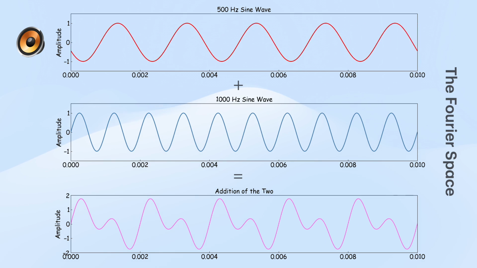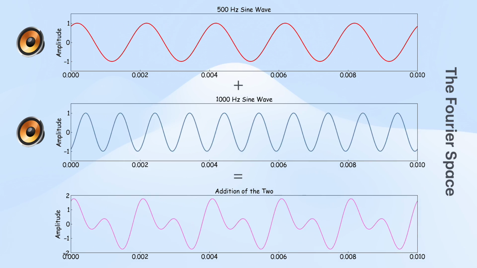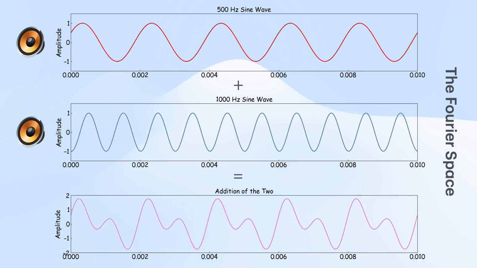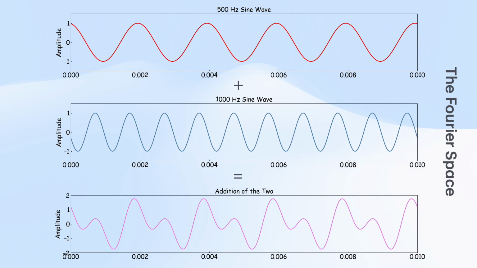Now listen as we add a second monotone, another pure tone of a different frequency. The two sounds combine to form a new sound, just like adding two vectors produces a new vector.